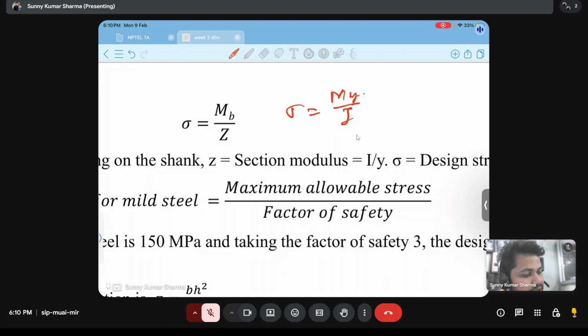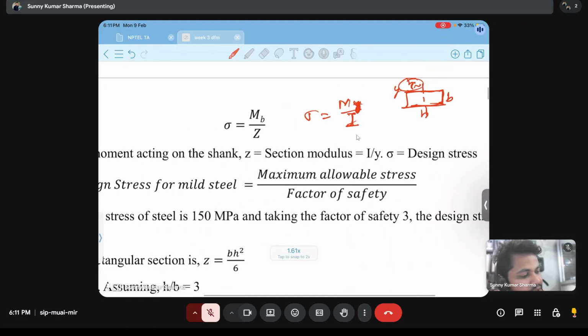From here, this concept we discussed earlier, that design stress sigma is equal to My by I, where M is the bending moment, y is the distance from the neutral axis. Suppose this is the shank which has dimension b cross h. So y is half of the larger dimension, h by 2, and I is the moment of inertia.